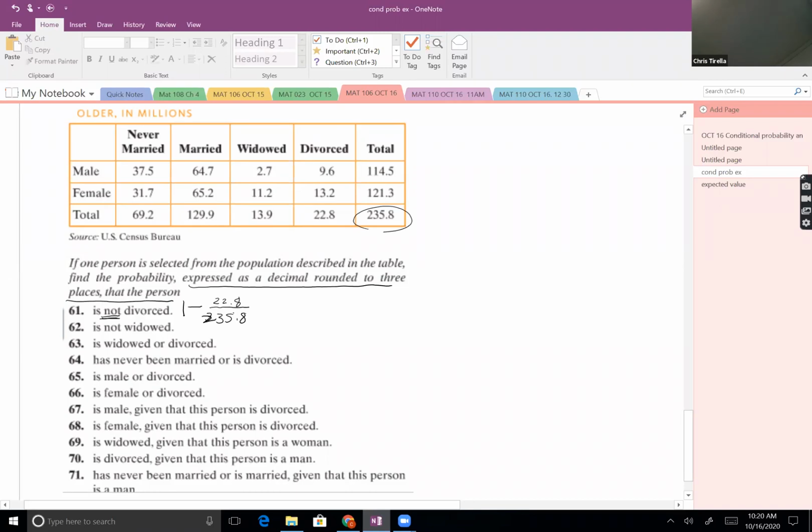So now I'm turning my calculator on and I'm typing in 1 minus 22.8 over 235.8. And is anybody else getting to 3 decimal places? 0.903.